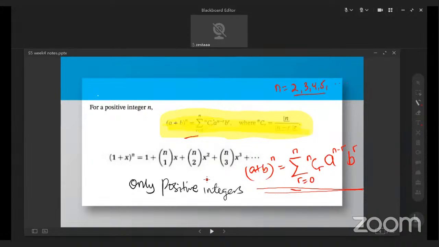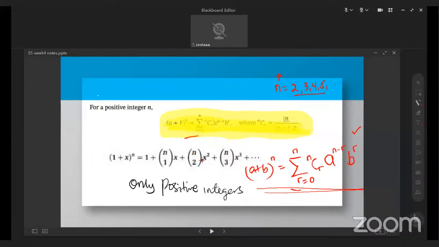Here I'm emphasizing that for any positive integer, this is what we are going to use. The integer is the power, okay? That is when we use it. So this is the very first thing that we are looking at.